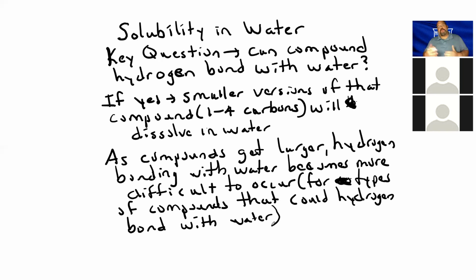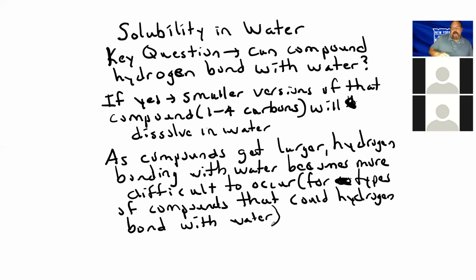If you have a compound that has one carbon, water molecules should have easy access to the portion where it needs to get to in order for hydrogen bonding to occur. If you have a compound that has 8 carbons and let's say 16 or 18 hydrogens, it's going to be more difficult for the water to get to that spot it needs to in order for hydrogen bonding to occur.